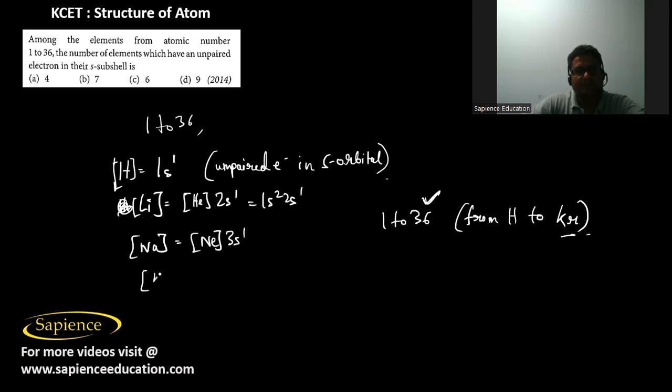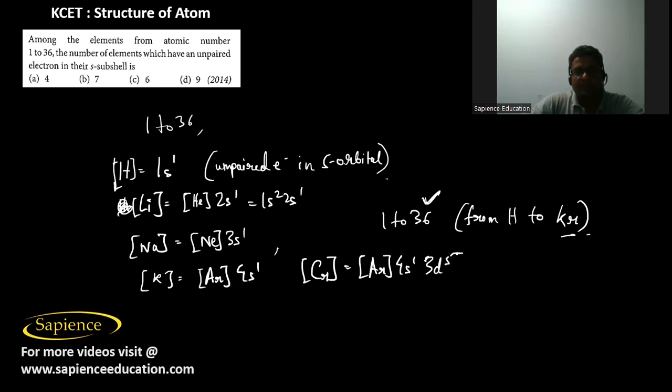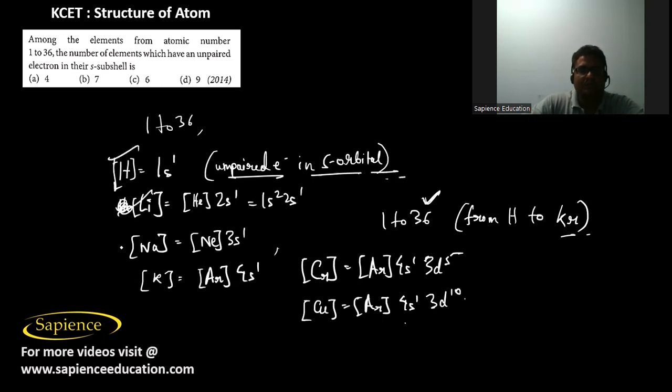Then for potassium, it is argon 4s1. Then in case of chromium, the electronic configuration is argon 4s1 3d5. And for copper, it is argon 4s1 3d10. So it means the unpaired electrons in s orbitals are in these four and in these two.